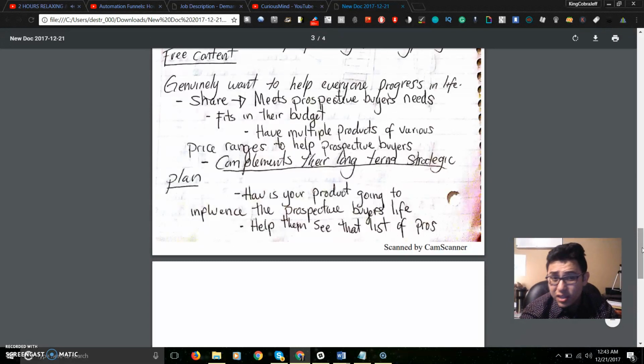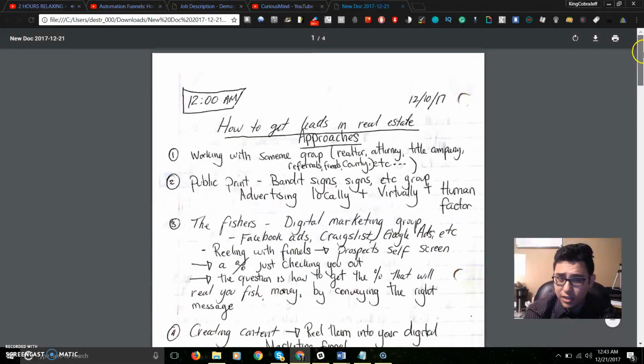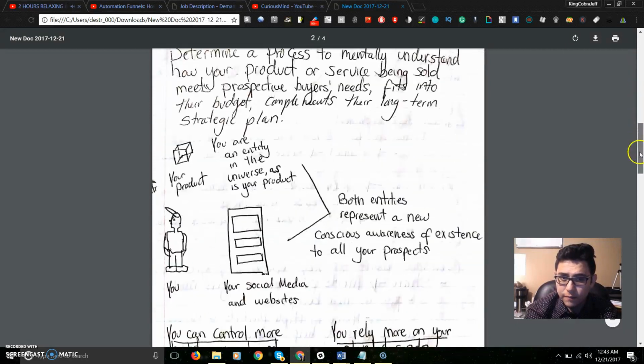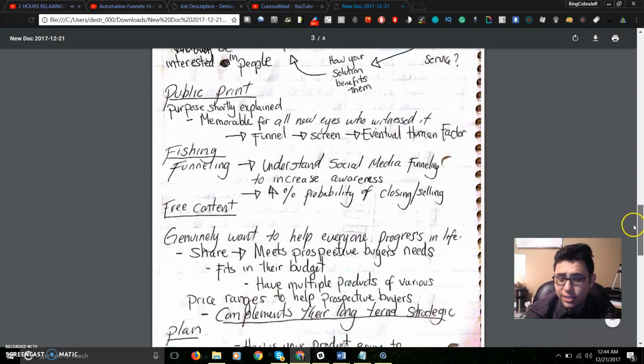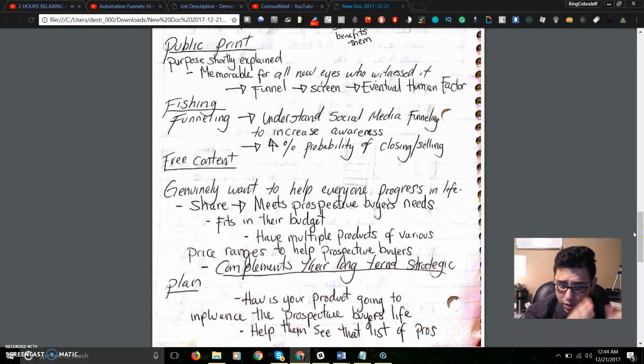So more than anything, whenever you're interacting with every single one of these seven, you have to make it to where it's a process for them. They are here trying to help you to get a deal, and you want to make it easy for them. And the way that you make it easy for them is that you have your funnel developed for them to just follow.